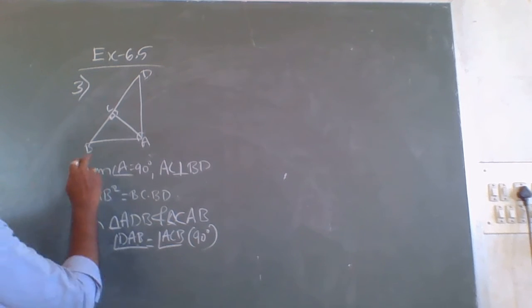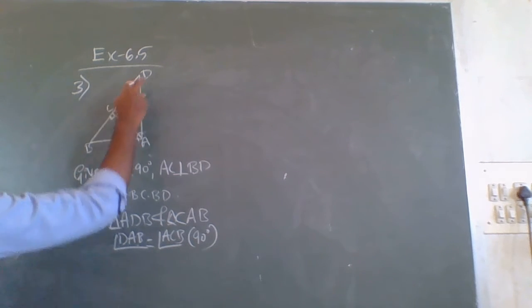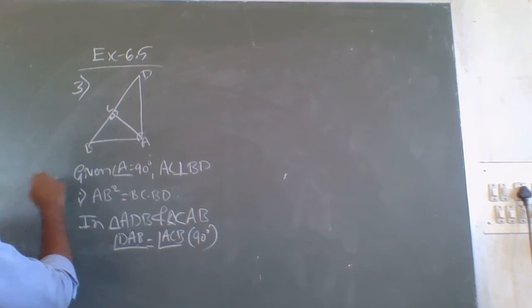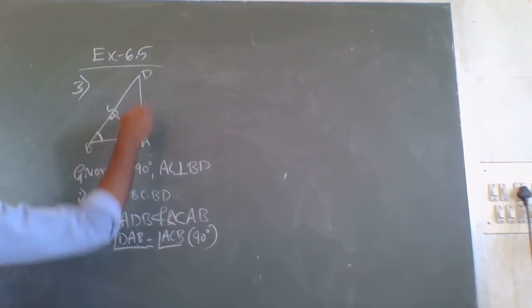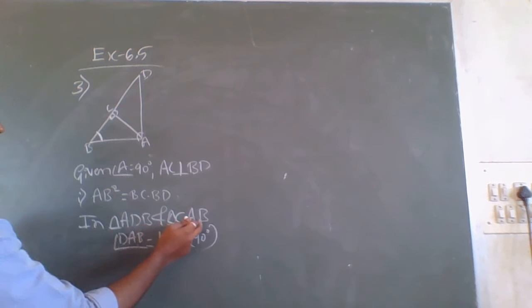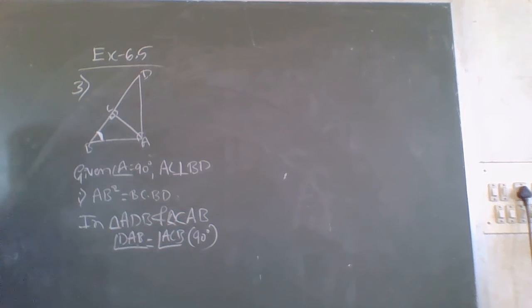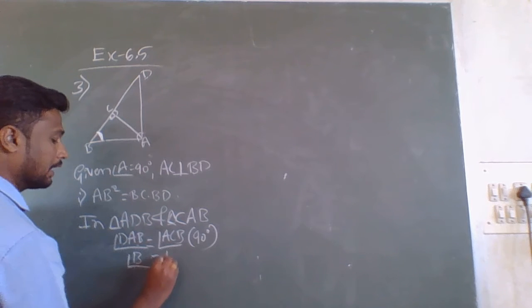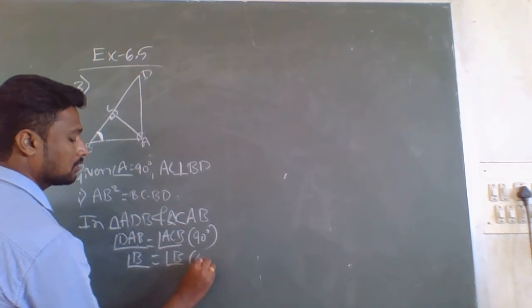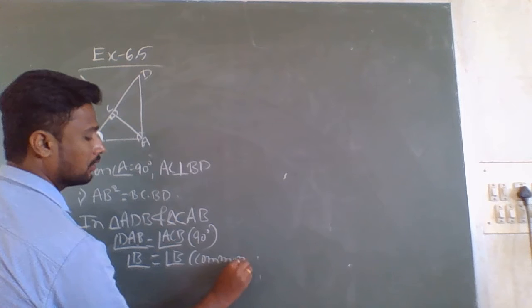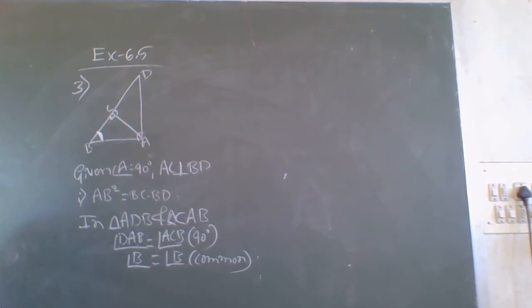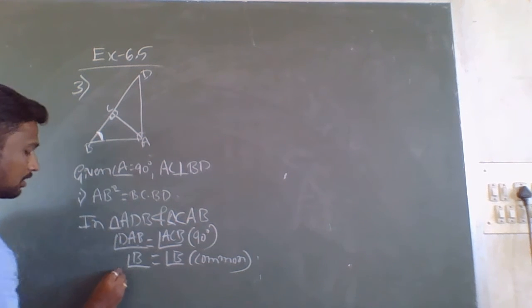Now angle B is present in triangle ADB, and in triangle CAB angle B is also there. Therefore, angle B is common in both the triangles, so angle B is equal to angle B. We know that when two angles are equal in two triangles, then these two triangles are similar.